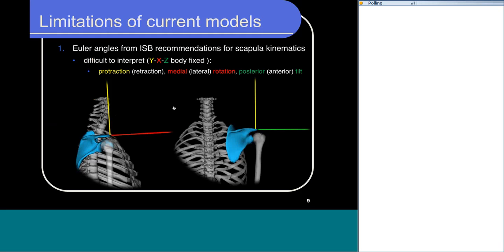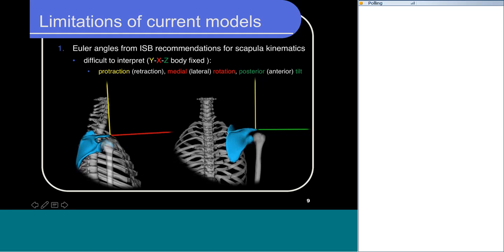I touched briefly on what I meant by the current standard for describing shoulder kinematics, and that's the ISB recommendations for scapular kinematics. Specifically, we have a scapula reference frame here shown on these axes in yellow, red, and green. Red being the x-axis, yellow the y-axis, and green the z-axis.